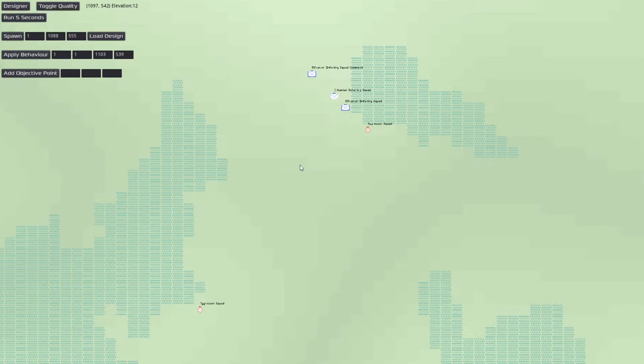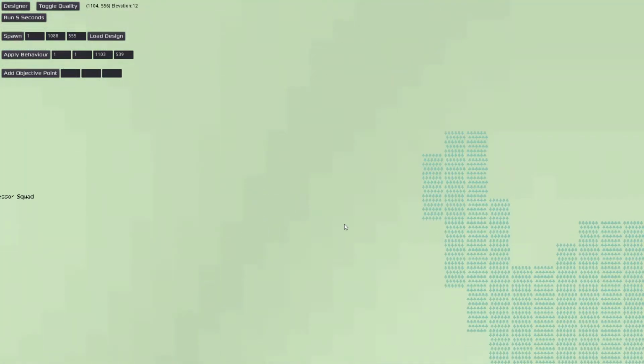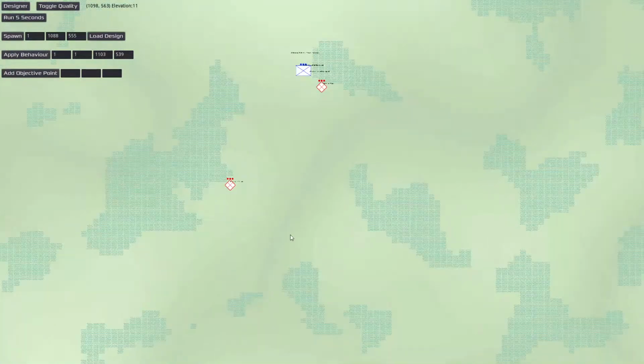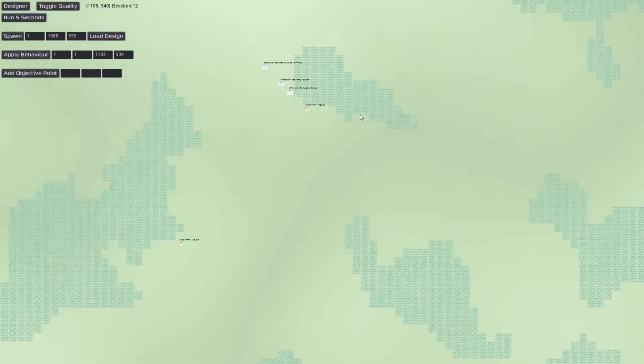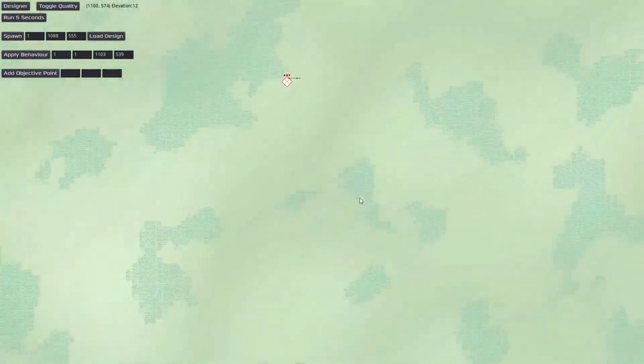More contrast between the elevation? Okay. I'll try. The previous was even less contrast. It's already an attempt at more contrast. Let's try to see what I can do about it.